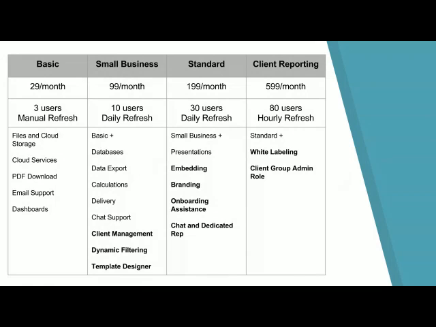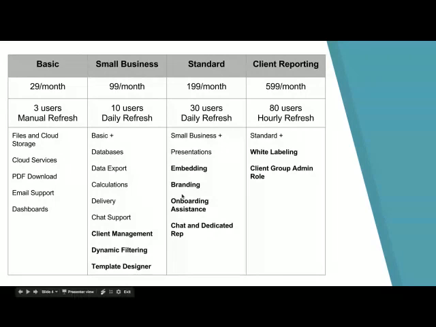So now you're going to have one pool, and client management will be added to all plans starting from the small business up. That means you only have to worry about one user count. You just buy users and it's still $10 per user. Nothing is changing about that, but you can use them for a client or for an internal user. Those are the two main things that matter for our current customers.